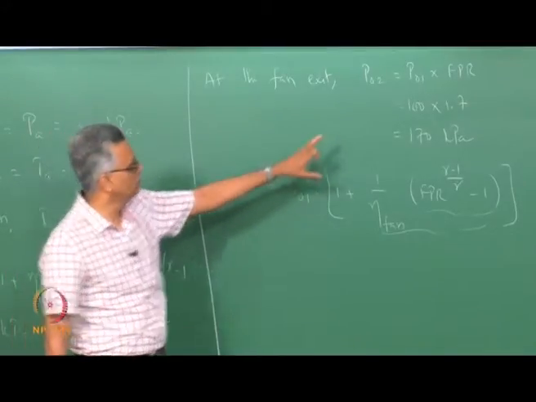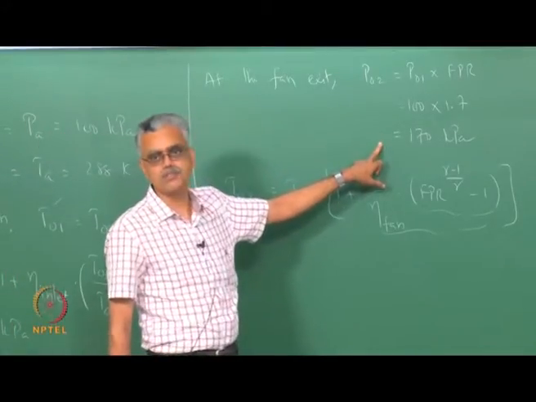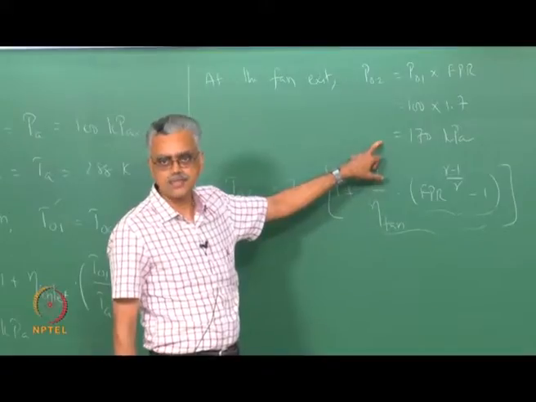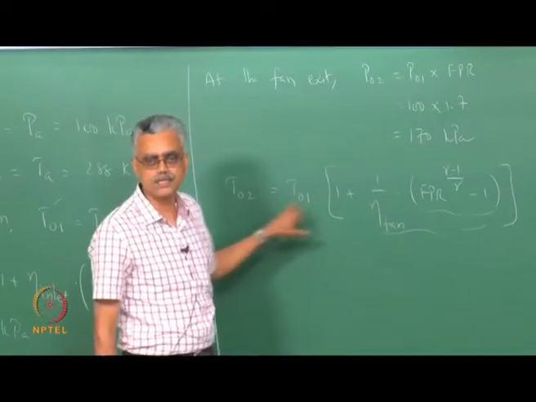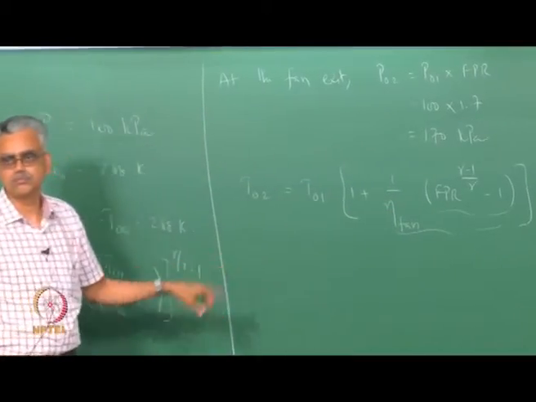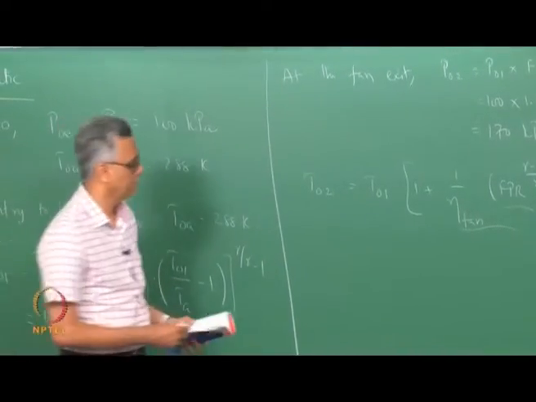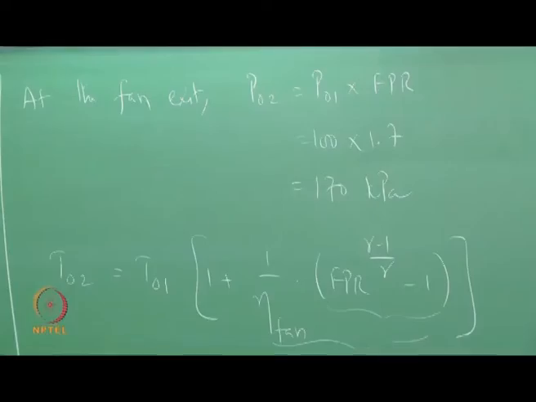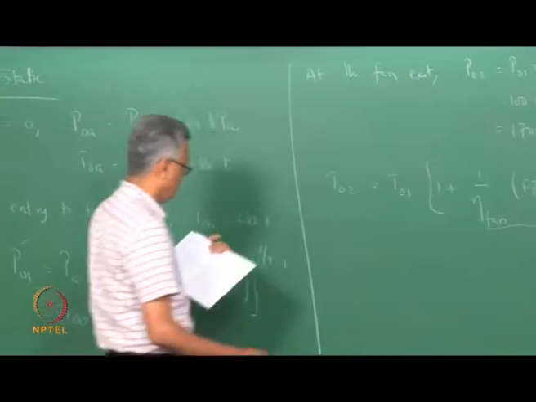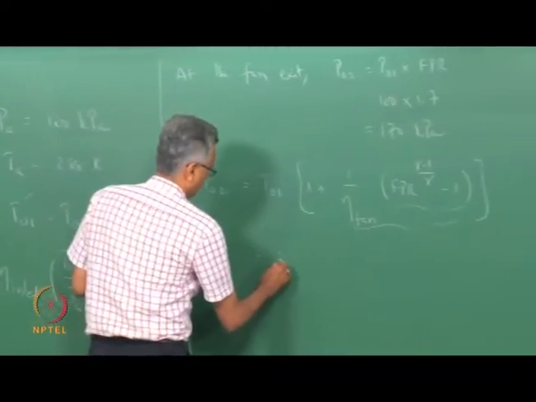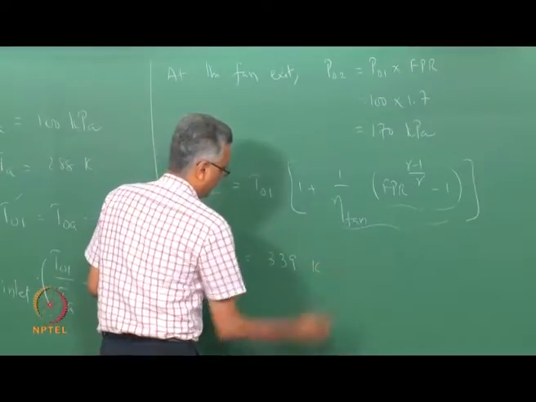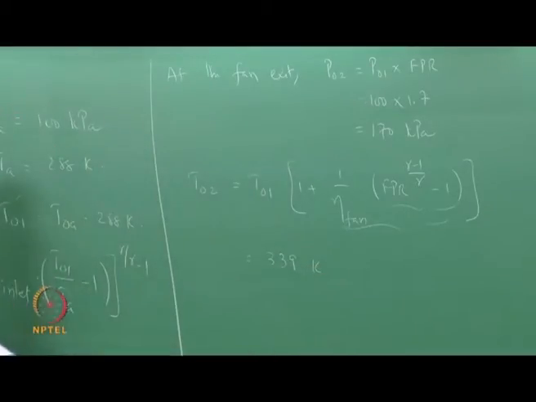From this you can also calculate P02S and then T02S and then T02. That is also okay. So if you substitute the numbers here, then you should get T02 to be 339 Kelvin.